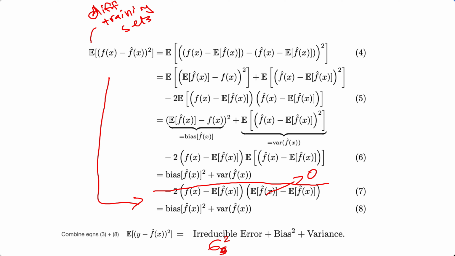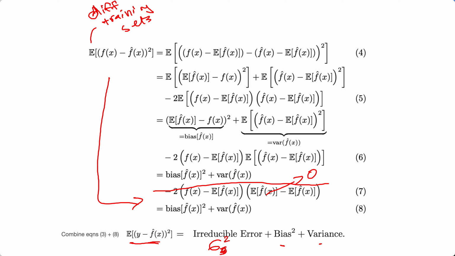That's the irreducible error, the measurement error. So you can see the average error of a machine learning system, the average mean squared error over many different training sets, has some irreducible error that we can never get rid of. And we have a term that's bias-oriented and a term that's variance-oriented. And so this is the mathematical derivation of the bias-variance trade-off.